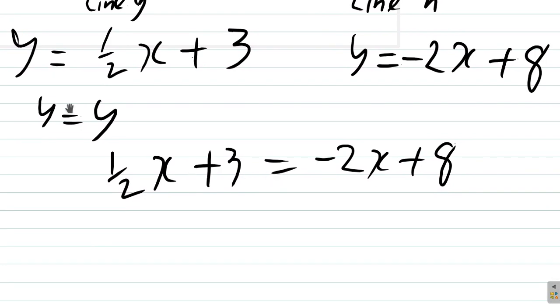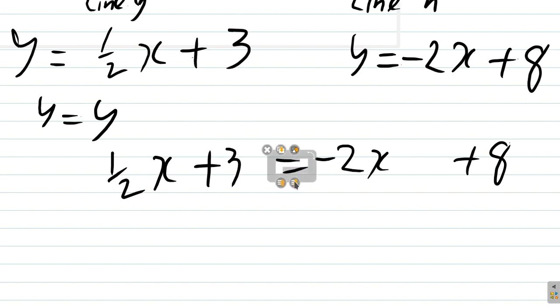Now, let's put these things together. Let's move these things to the right to make space. We're going to add 2x to both sides of the equation.